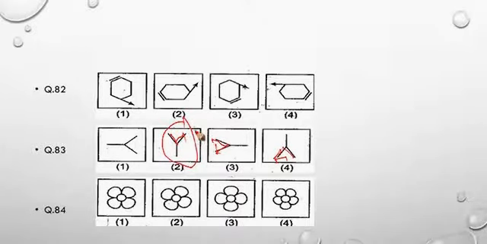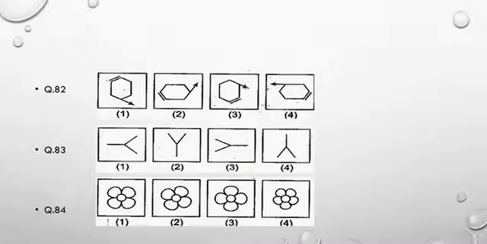The gap is narrower as compared to option 1. In option 1, the gap between these two lines is much wider. So there is a similarity in option 2, 3 and 4, whereas option 1 is standing out as a different figure. So question number 83, option 1 is the answer.